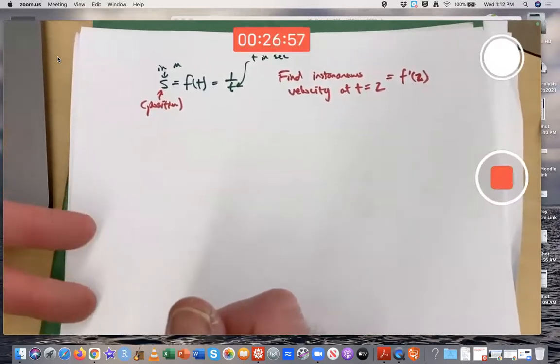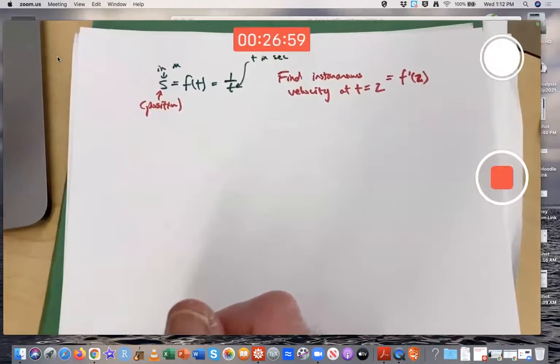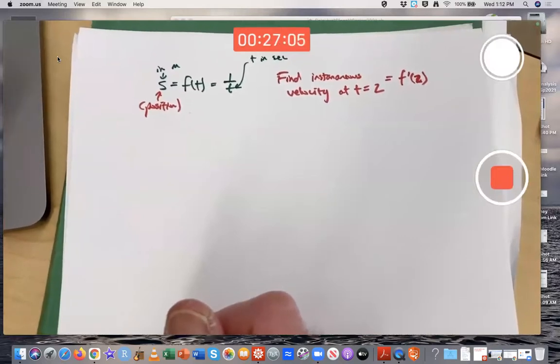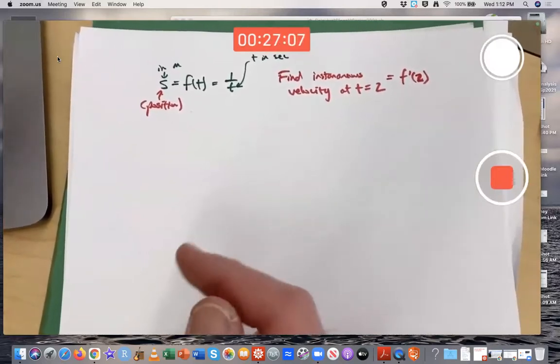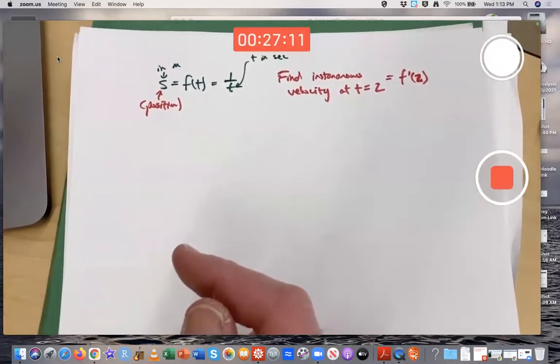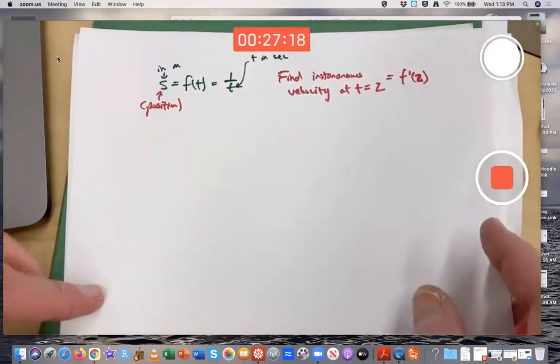Position could decrease. You could be moving toward the origin. A natural place to put the origin when you're talking about free fall under the Earth's gravity is at the ground level. But if you dig a hole in the ground and let the ball fall into the hole, then the position could be negative, if the 0 is at ground level.